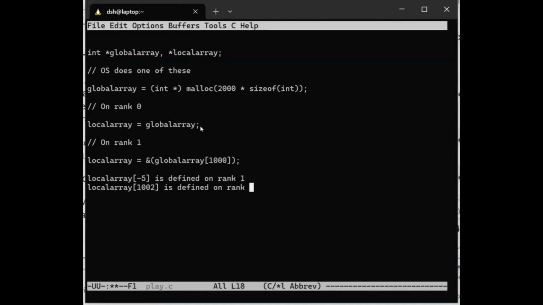Does that make sense? That's sort of what it's doing. So remember, arrays are just pointers in C. Does that make sense? That's sort of what it's doing.